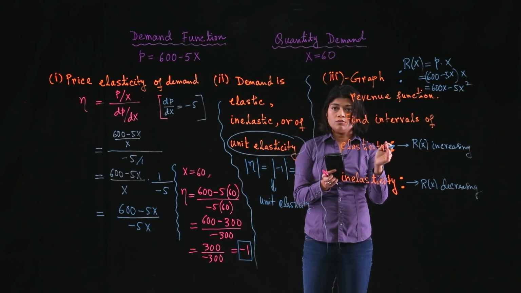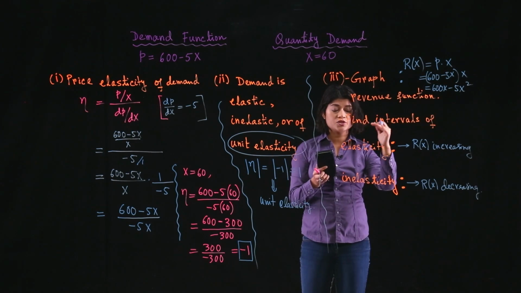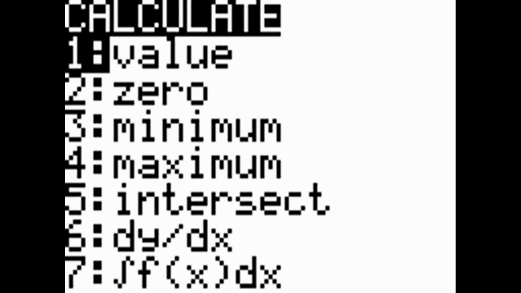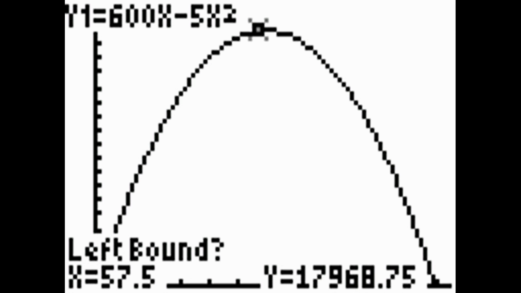Okay, you see the graph. Now, also we consider revenue to be positive, so only look above the x-axis. You can use the zero feature in the graphing utility.